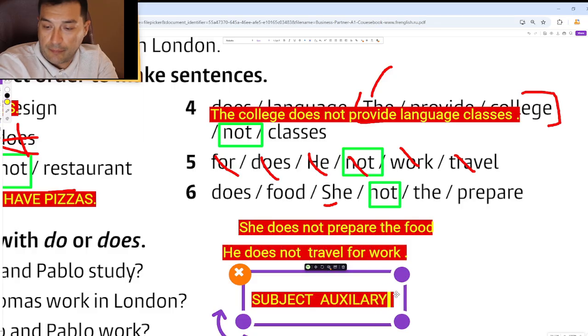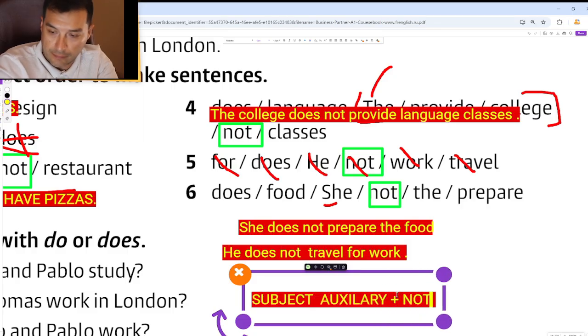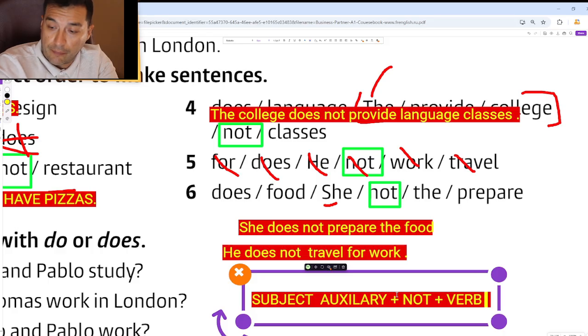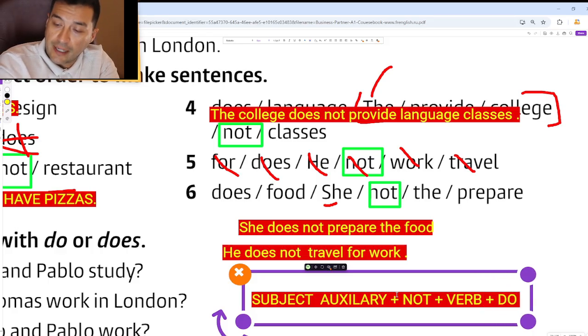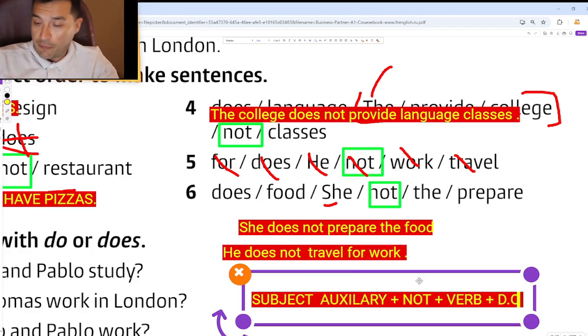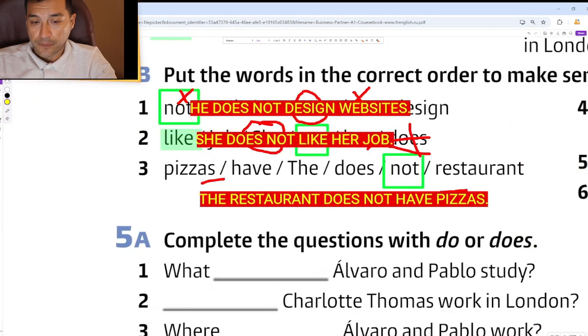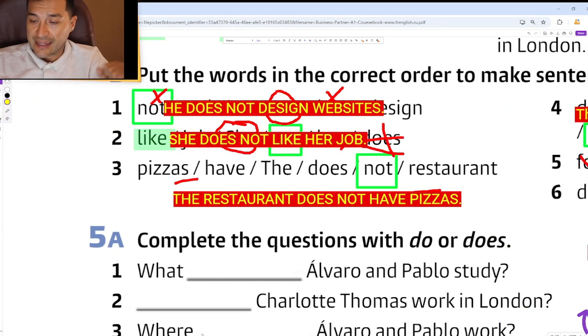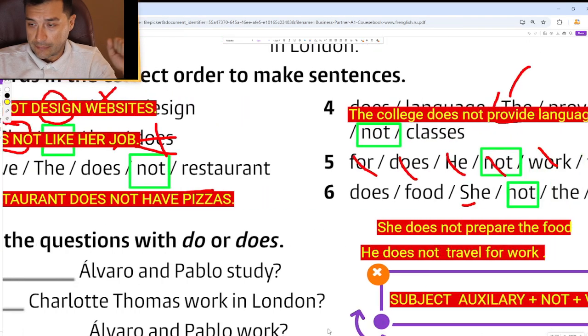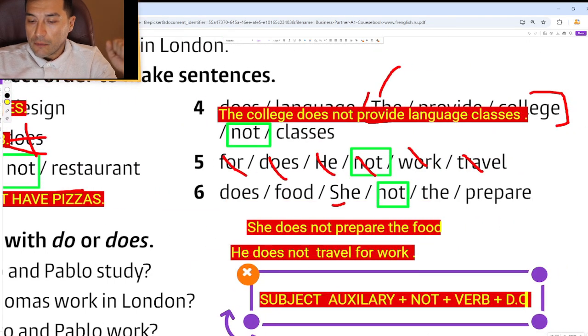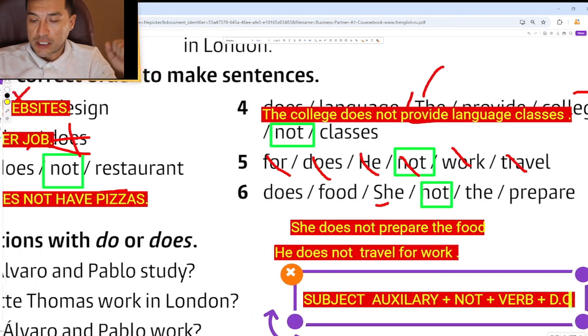Auxiliary plus not. Next, the verb. And the next part is called direct object, receives the verb. Today's verbs: prepare, travel, have, provide, like, and design. Third person, negative.